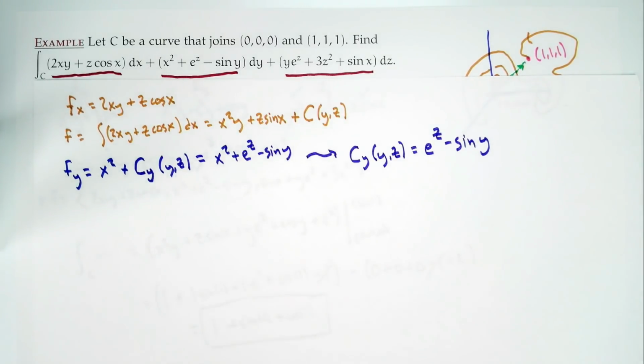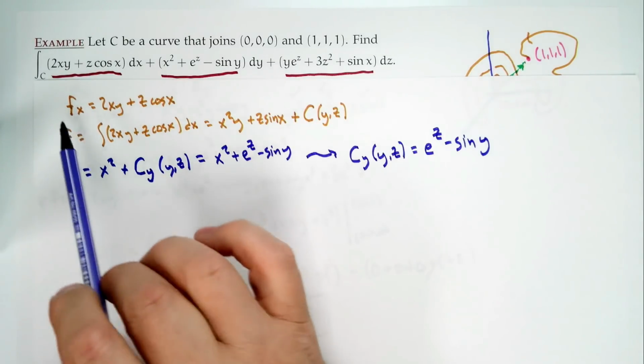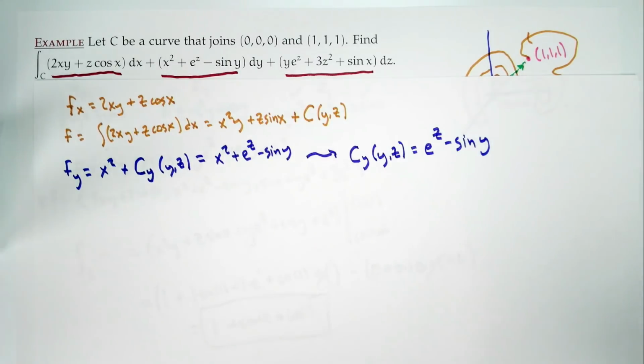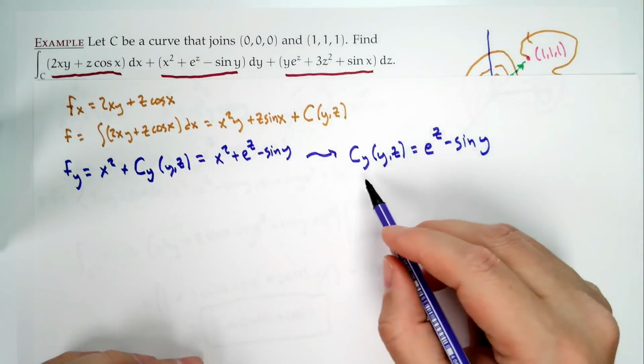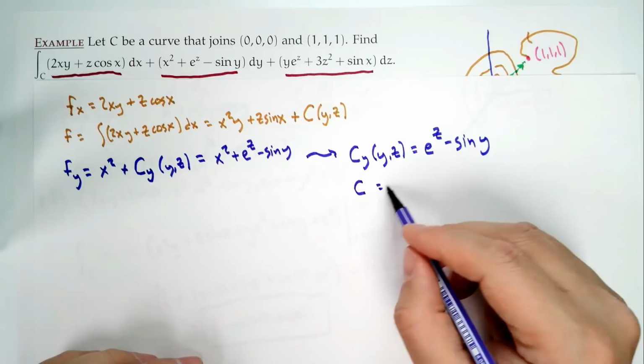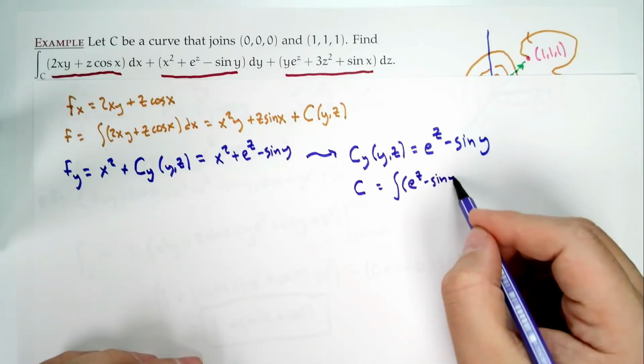Okay, so now we have a partial derivative, but there's two variables involved. It's actually a better situation. If you think about where we started, essentially we had three variables involved here. Now we have two. We're working our way down. So we integrate with respect to y. So we get that c is the integral of e to the z minus sine y dy.